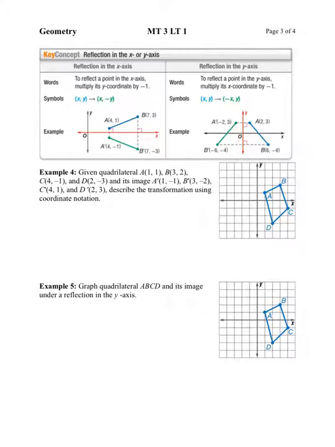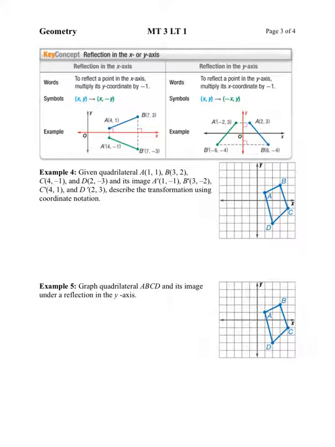So if I take a look at example 4, I'm given this quadrilateral and its image. And I want to describe the transformation using coordinate notation. Well, notice what happens here. Look at point A. The x's stayed the same and the y's became opposite. At point B, the x's stayed the same, the y's became opposite. So what happens when the x's stay the same and the y's become opposite?